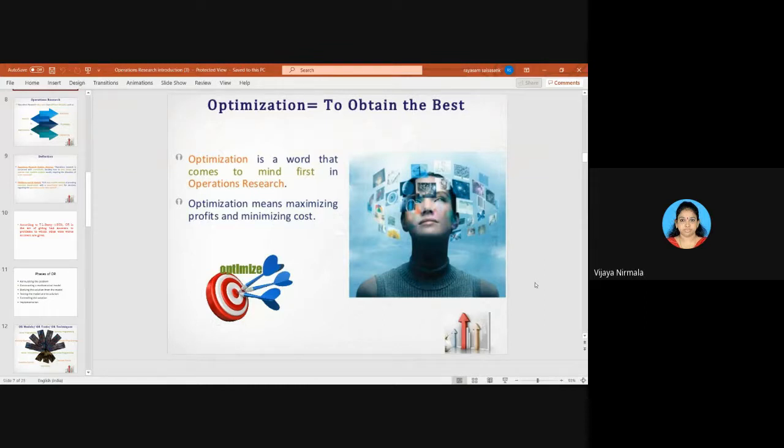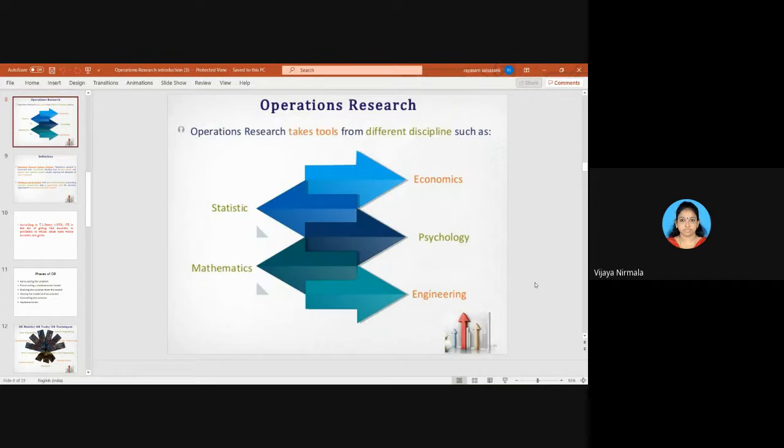If you move to the next slide, we have already said operations research is done in various disciplines, right? In economics, psychology, engineering, statistics, and mathematics. Operations research tools have been used in all these disciplines.